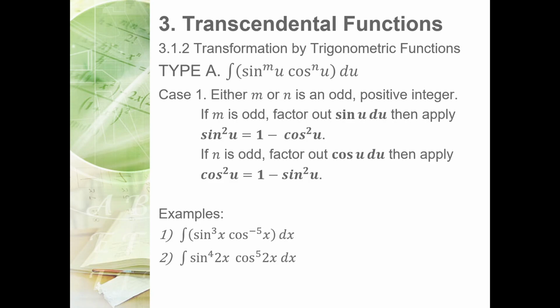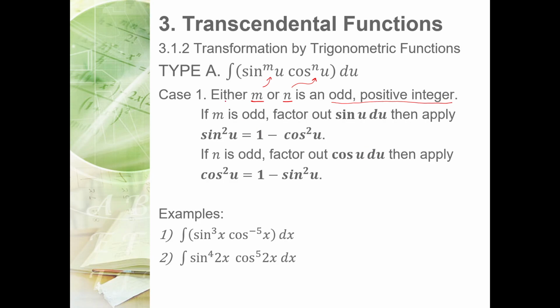For case number one, type A, again, this is the sine and cosine tandem. In case number one, if m or n is an odd and positive integer, if you break down the first sentence, either m, that will be the exponent of the sine function, or n is an odd and positive integer.